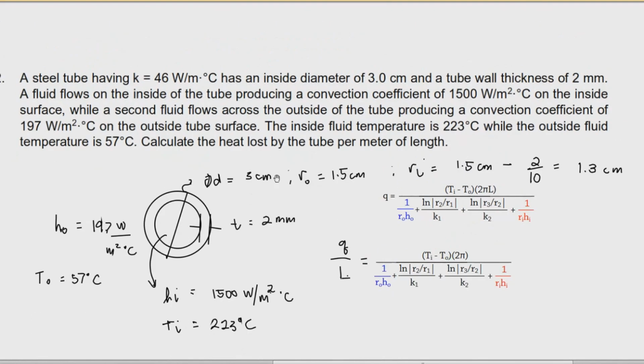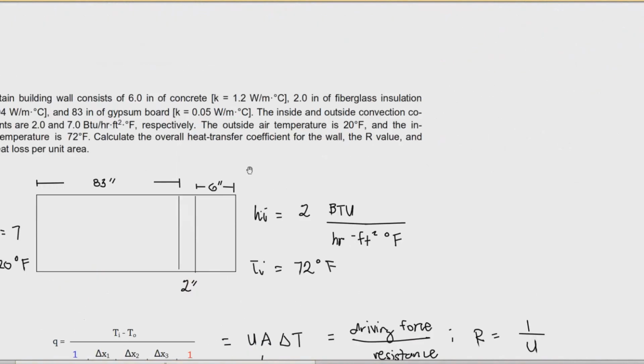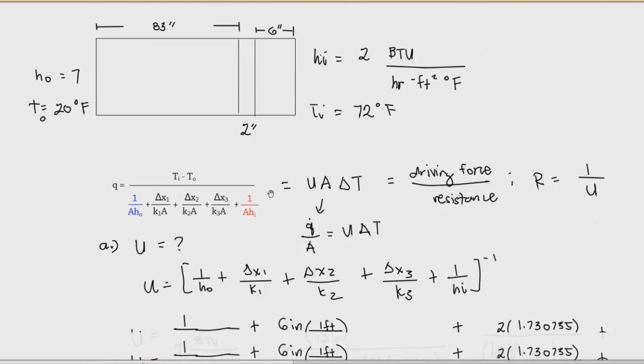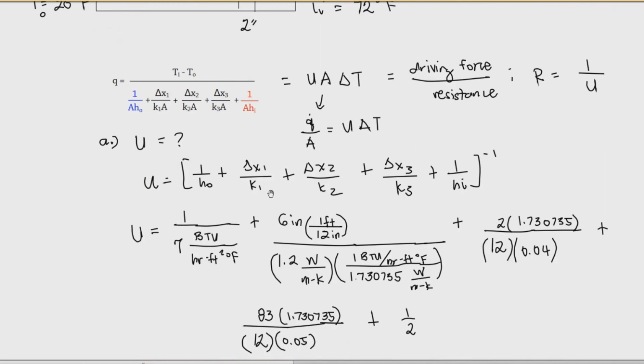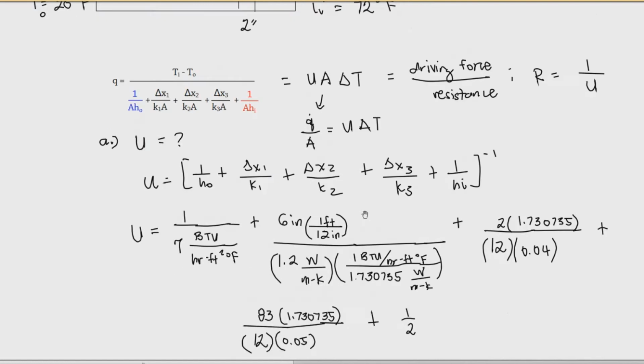That's why some books are not using U for pipes. Instead, they use the overall heat transfer coefficient for storages, for plates, and you'll see in unit operations we'll be using that since we have large vessels, horizontal or vertical, whatever the case.